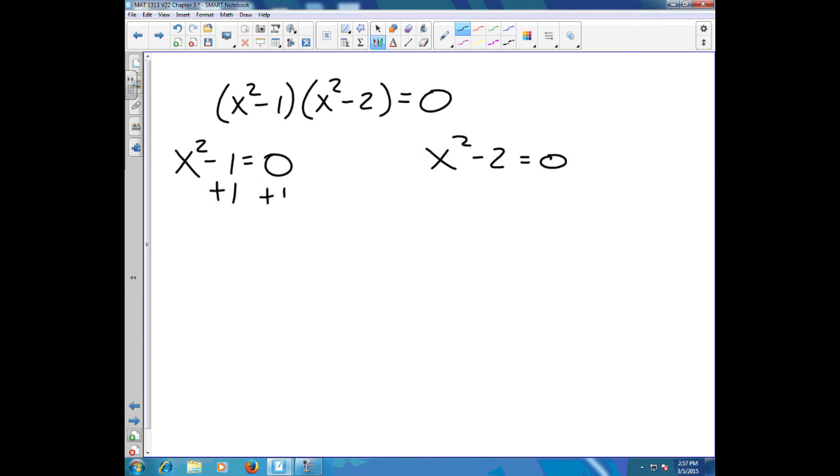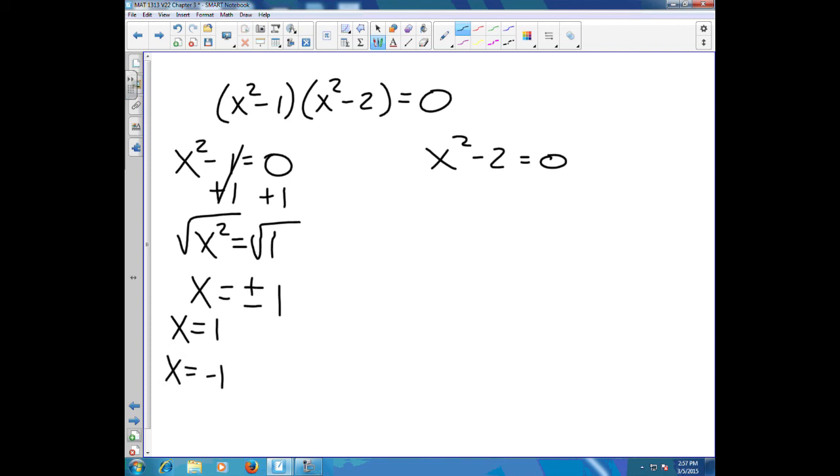We can add 1 to both sides, and we get x squared is equal to 1. If we take the square root, we get x equals plus or minus 1. Remember, when we take the square root of a number, we get plus or minus. And so there's 2 solutions: x equals 1 and x equals negative 1.